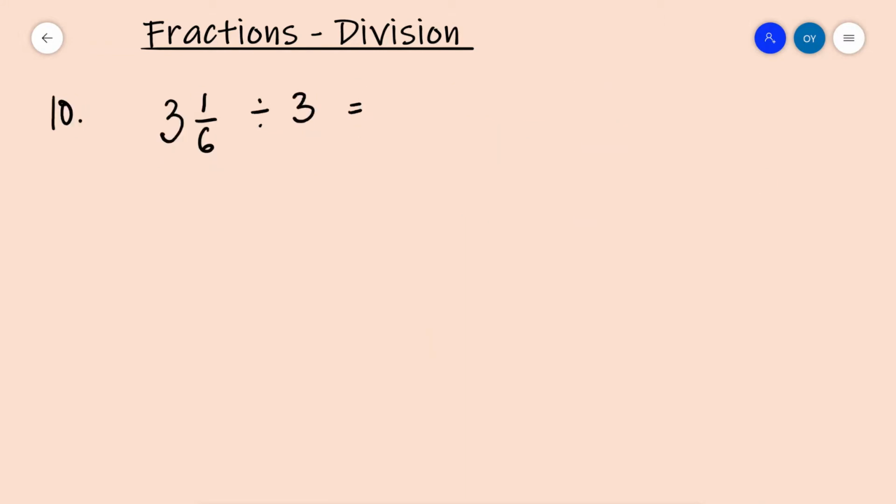Number 10, 3 1/6 divides 3. We change the 3 1/6 to improper fraction, and that is 19/6 divide 3. So 19/6 multiplied by 1/3. The reciprocal of 3 is 1/3.